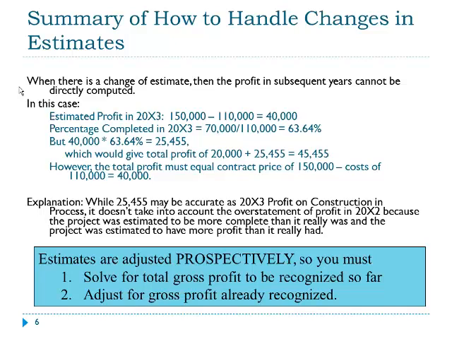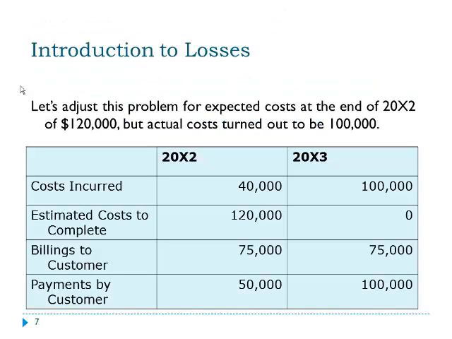Estimates are adjusted prospectively, so you must solve for the total gross profit to be recognized so far, and then adjust for gross profit already recognized. A second complication that we have is losses. We introduced you to the principle used in percentage of completion for losses during the first half of this objective, and now we're going to illustrate it.